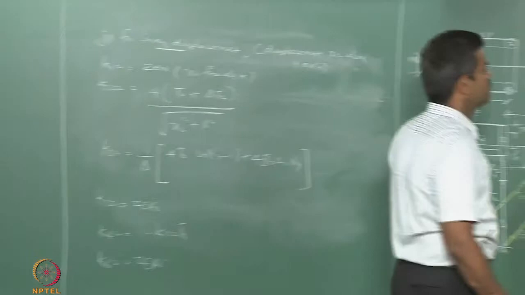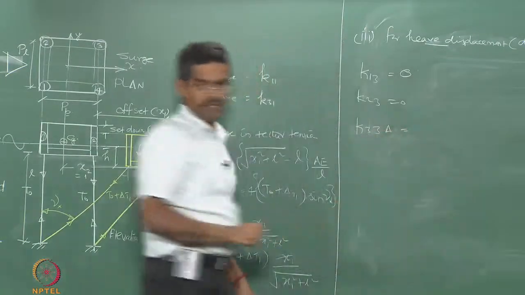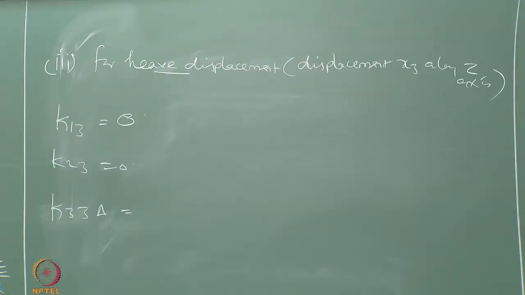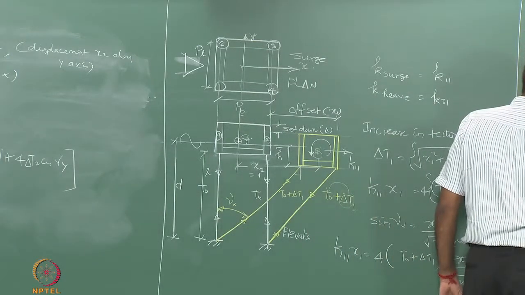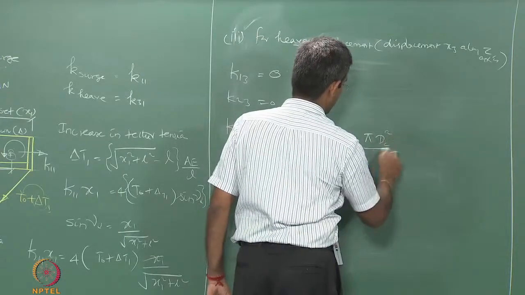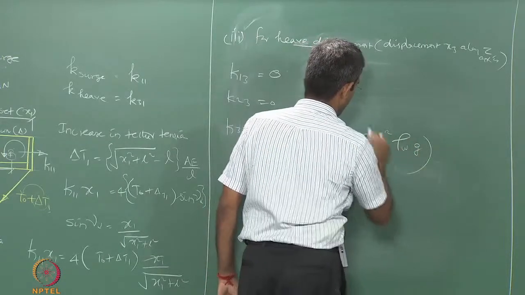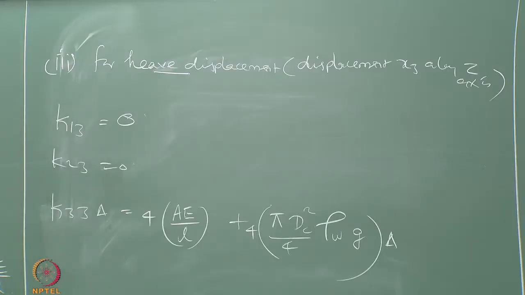K33 delta should be now counteracted by the initial tension in the tethers, which is AE by L of 4 tethers plus the submerged volume, okay, where DC is the diameter of the column.